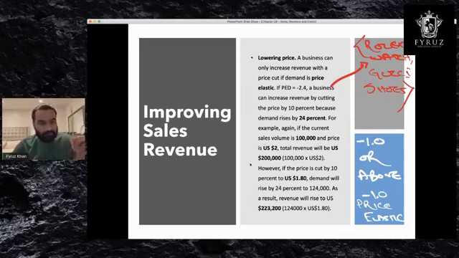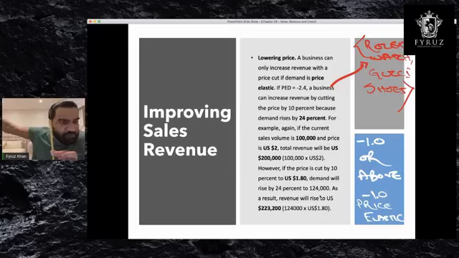The selling price of this pencil was $2, but now it is $1.80. So instead of selling 100,000 units, I'm selling 124,000 units. More people have lined up to buy this pencil.